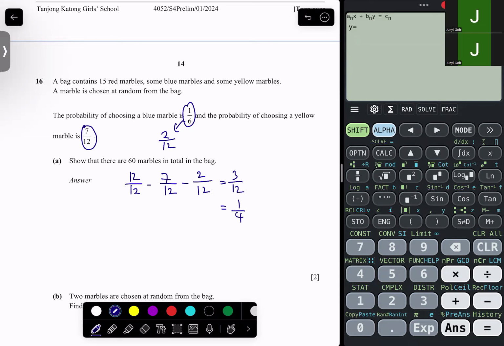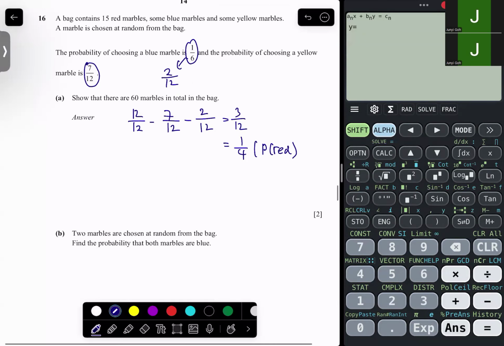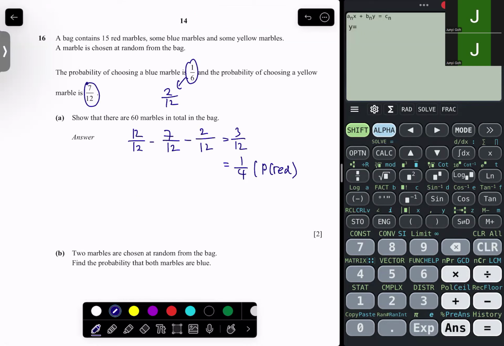So that means this is the probability of red, because total minus blue minus yellow must be red. So P(red) is 1/4. We know that the probability of red is equal to 15 out of total. So if this reduces to 1/4, then we can also say that the total equals 60.